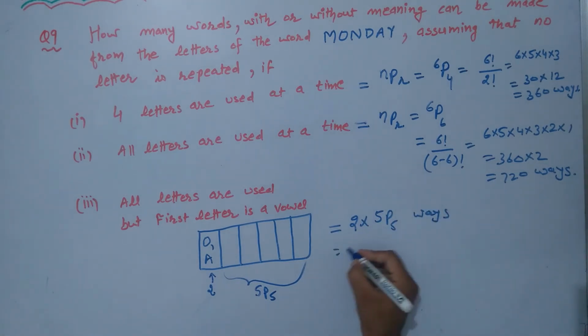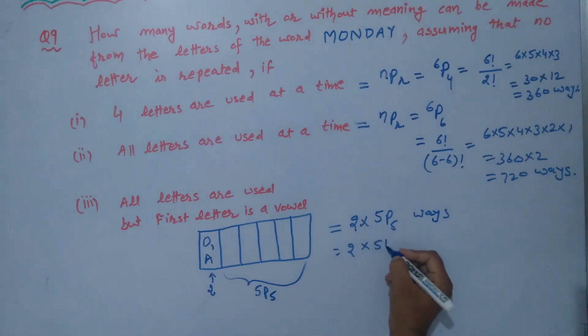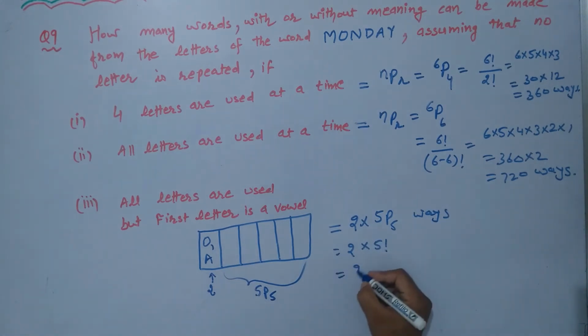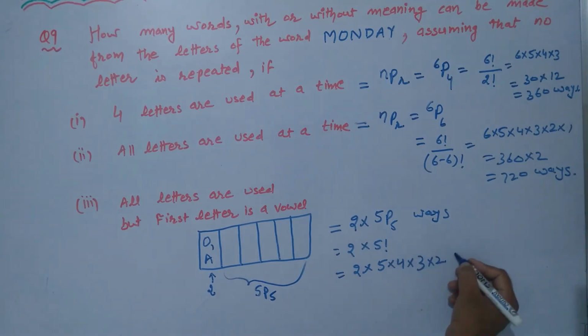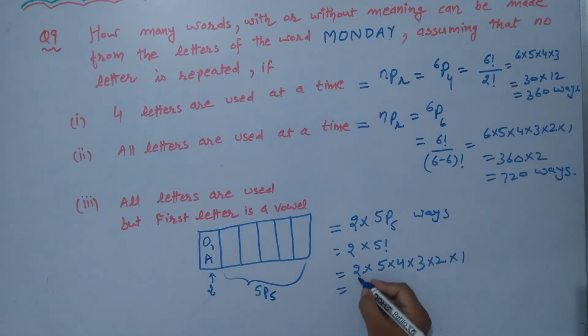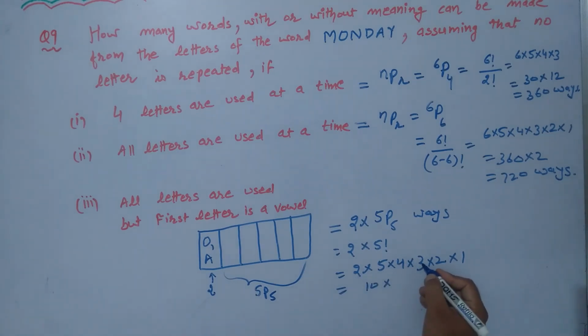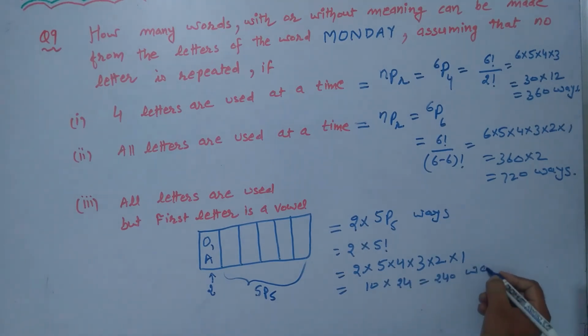That means 2 into 5 factorial. That is equal to 2 into 5 into 4 into 3 into 2 into 1, which is equal to 5 into 2, 10, into 4 into 3, 12, 12 into 2, 24, is equal to 240 ways. So this is the required result.